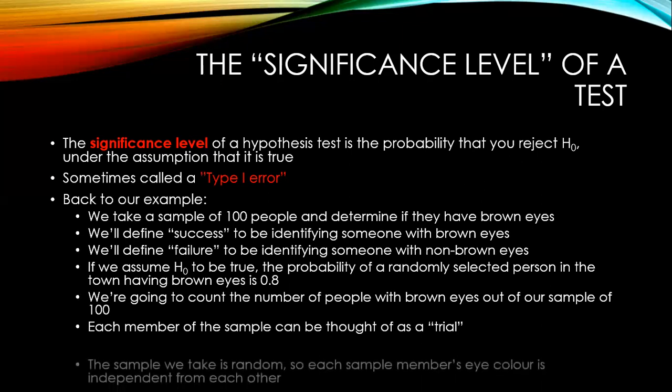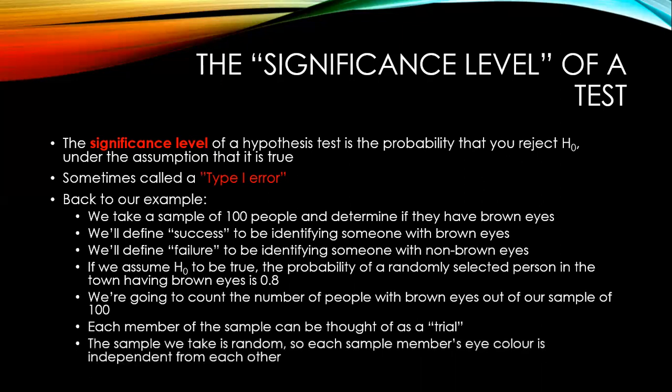And going back to why we take a random sample in A-level maths, the sample we take is random. So that means that every sample member's eye color is independent from each other. In an ideal world, that's what we want.